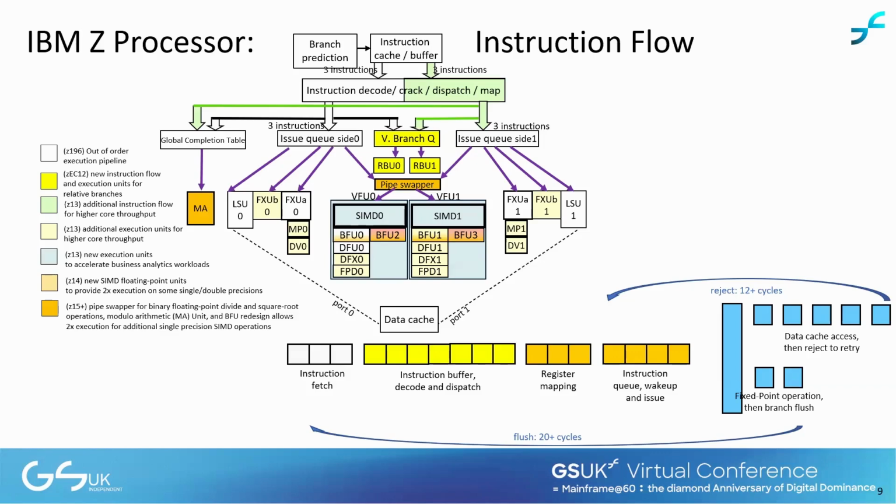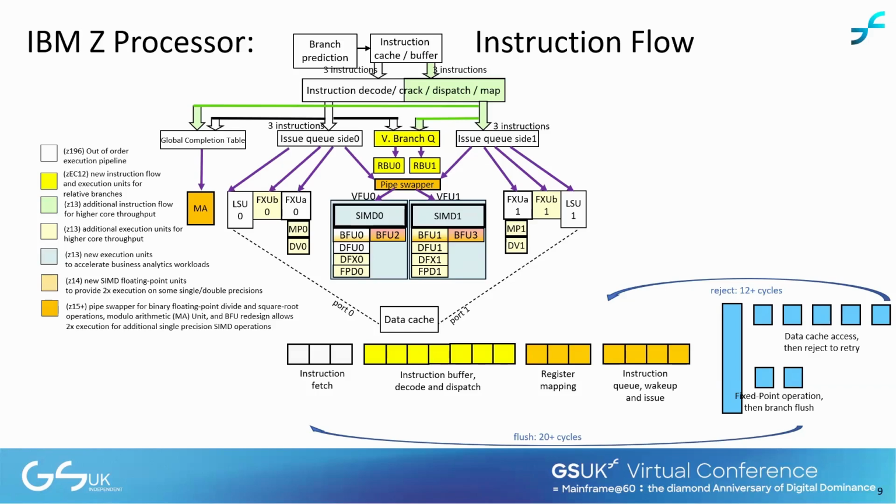And then you see the VFU and the SIMD stuff with all the BFU, DFU boxes kind of in the middle, and then off to either side the FXUs and the LSUs. FXU, the fixed point unit. VFU is the floating point unit, with all the sub floating point units, all the different types I mentioned.